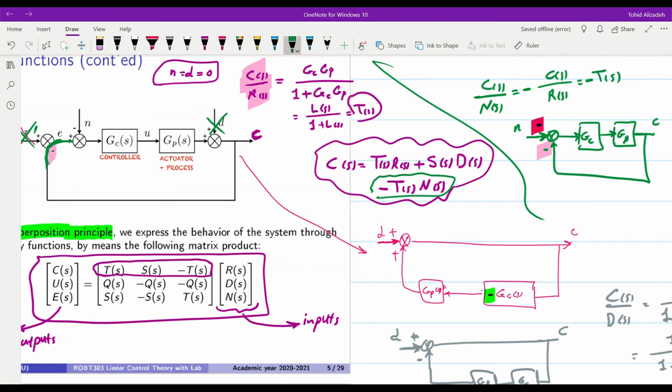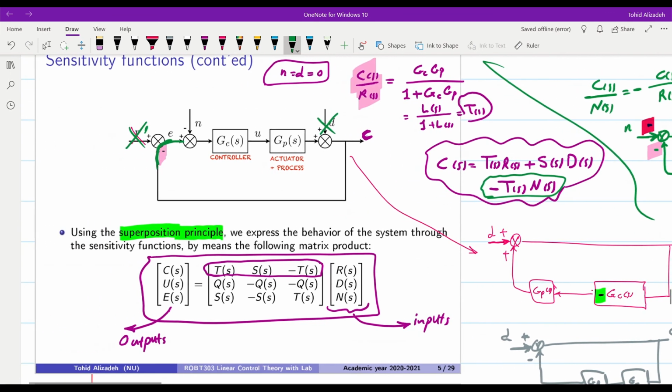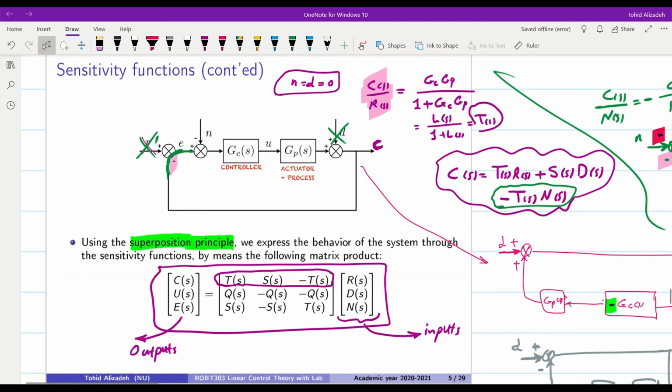So minus T of S times N. In this way, we can see that the sensitivity functions that we just defined could be used in order to give us an idea of how the different inputs are related to different outputs of the system.